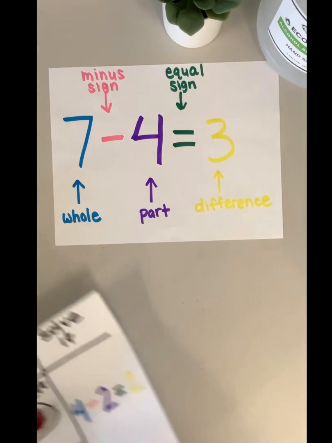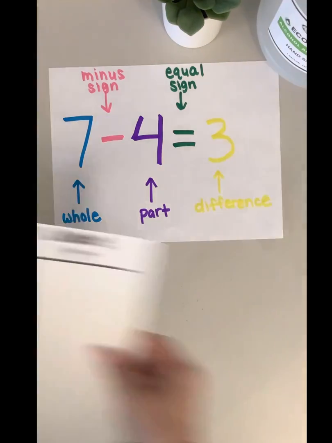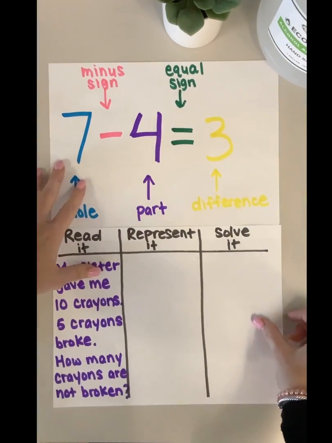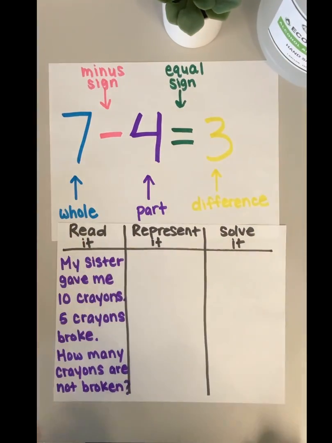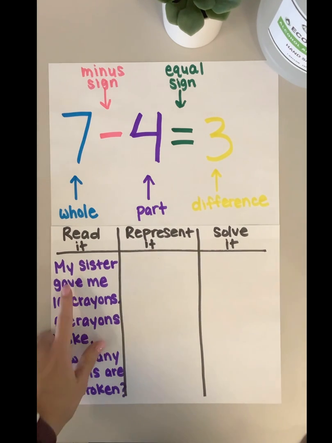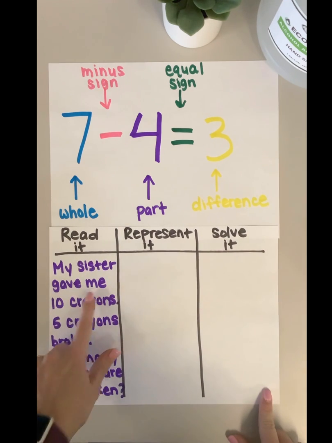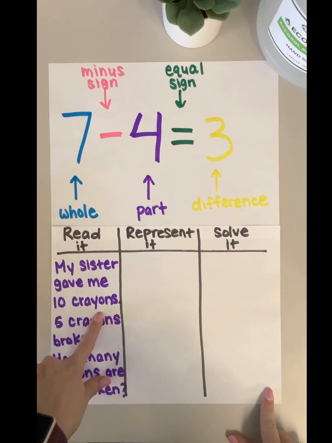Let's try another example, but this time I want you guys to help me. The first step is read it. Will you read this problem with me out loud? Ready? My sister gave me 10 crayons.